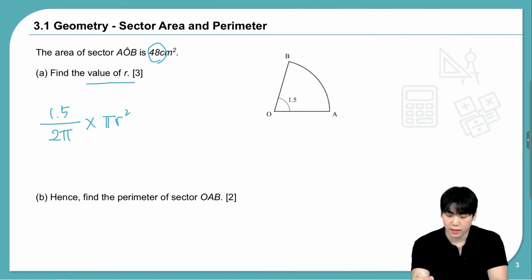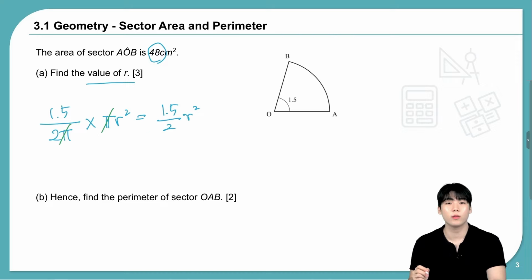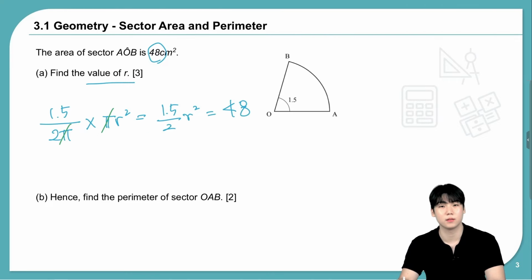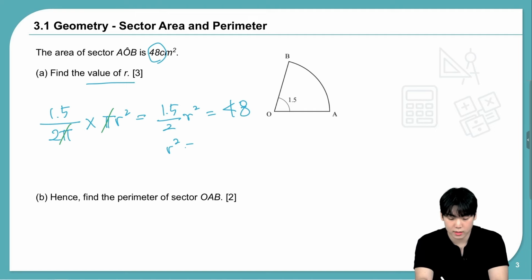And if we cancel out the pi's, I have 1.5 over 2 r squared. And we know that this is equal to 48, given by the question. So r squared is equal to 48 times 2 over 1.5.